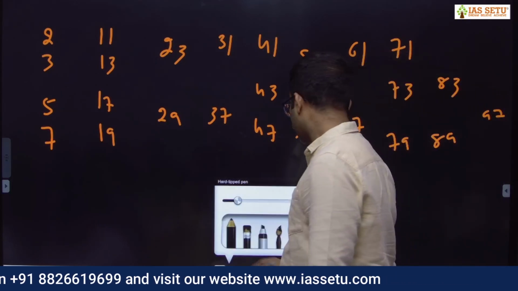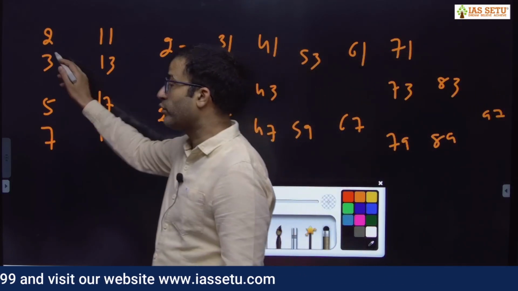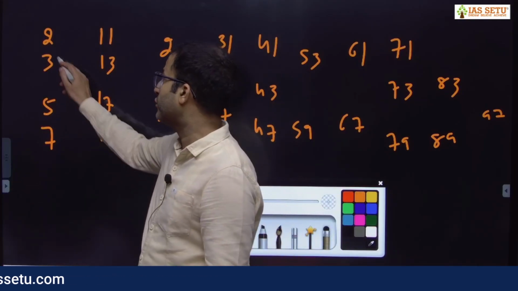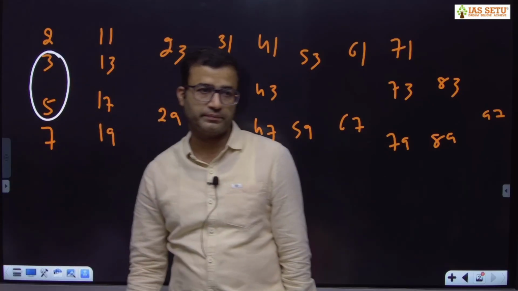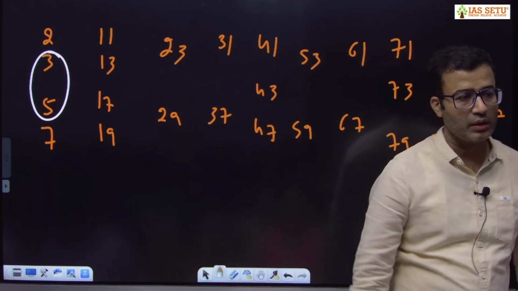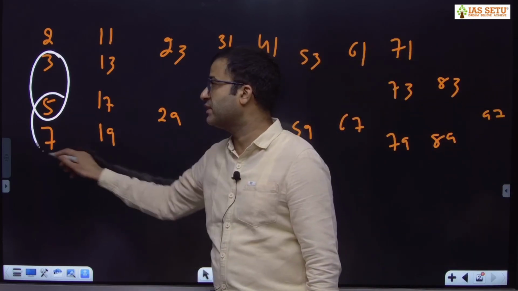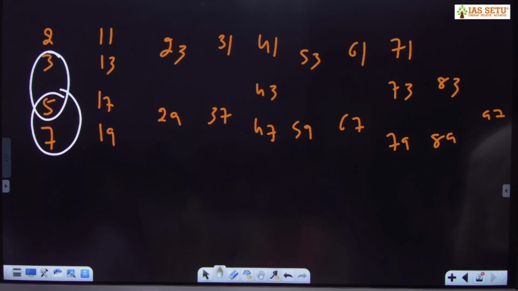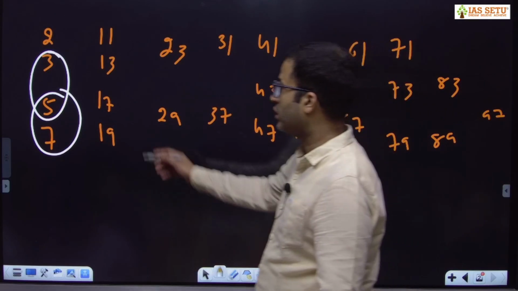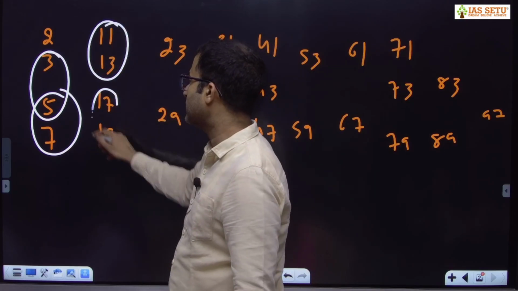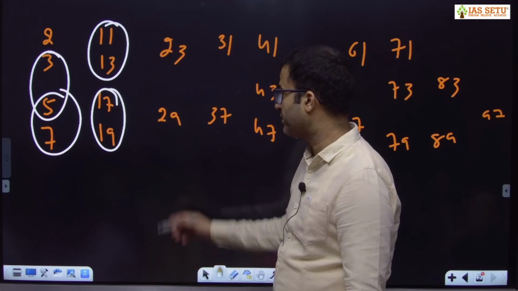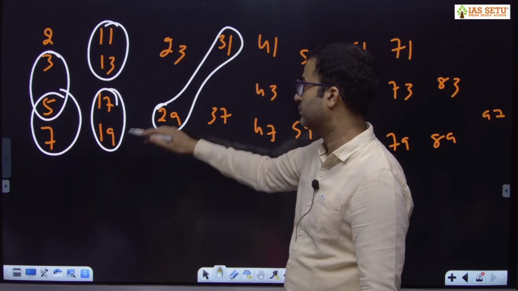So here, 2 and 3 are not twin primes because there has to be a difference of exactly 2. Your first pair is 3 and 5. Second pair is 5 and 7. Now third pair 11, 13, then 17, 19. Many students get the answer 6 because they miss 29, 31.